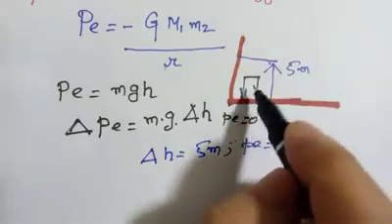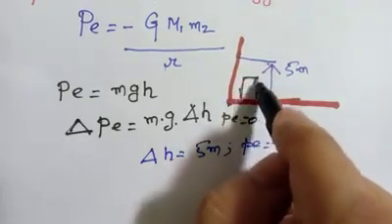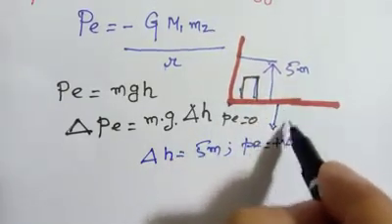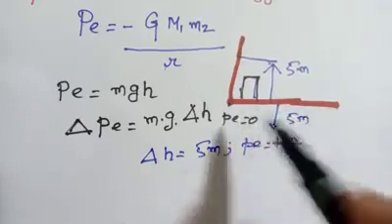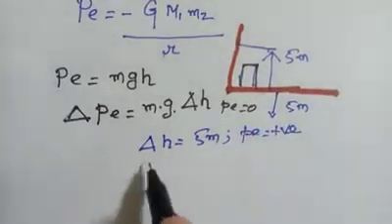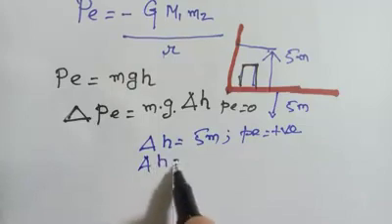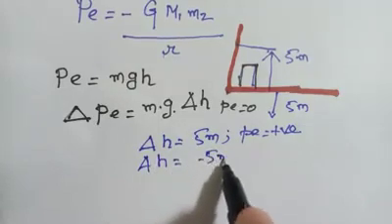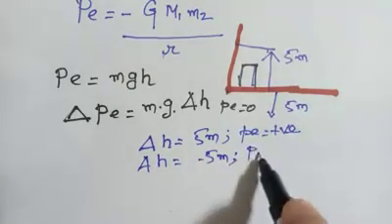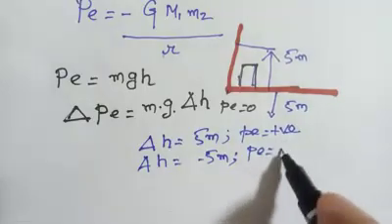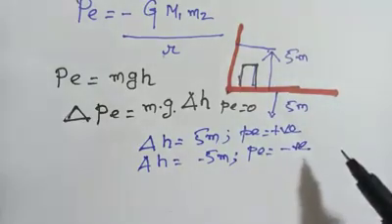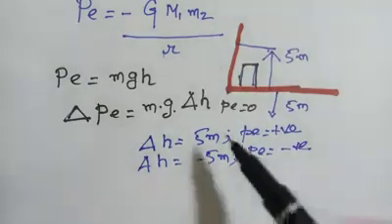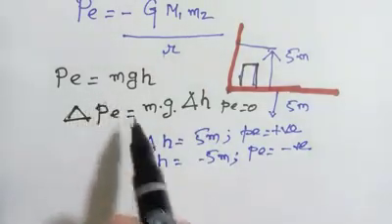What if I'm trying to drag the object or pull the object down by 5 meters? If we're trying to move this object down, then delta h, or the change in h, is going to change to minus 5 meters, and essentially the potential energy change would come to negative. This is by far one of the simplest explanations.